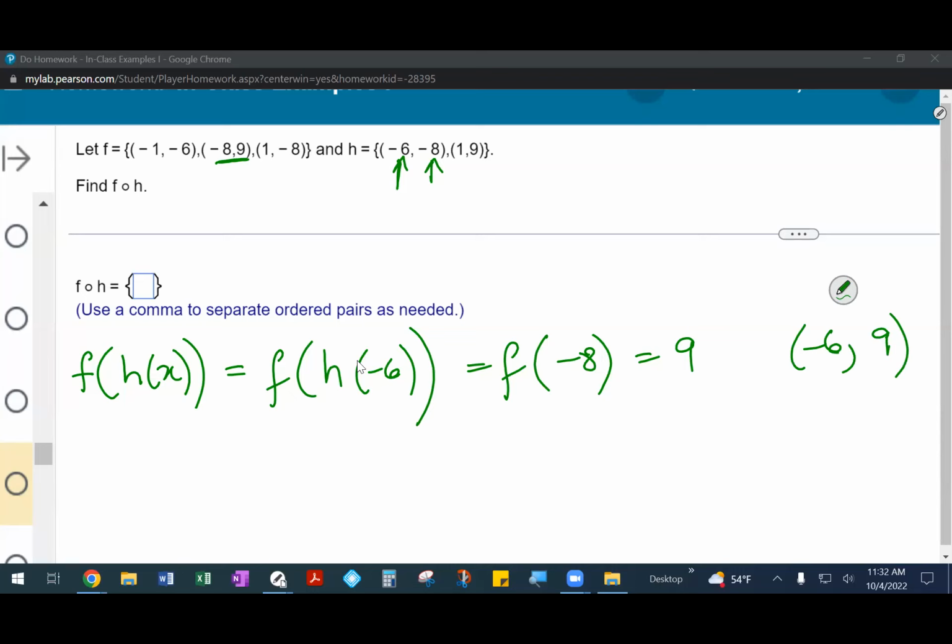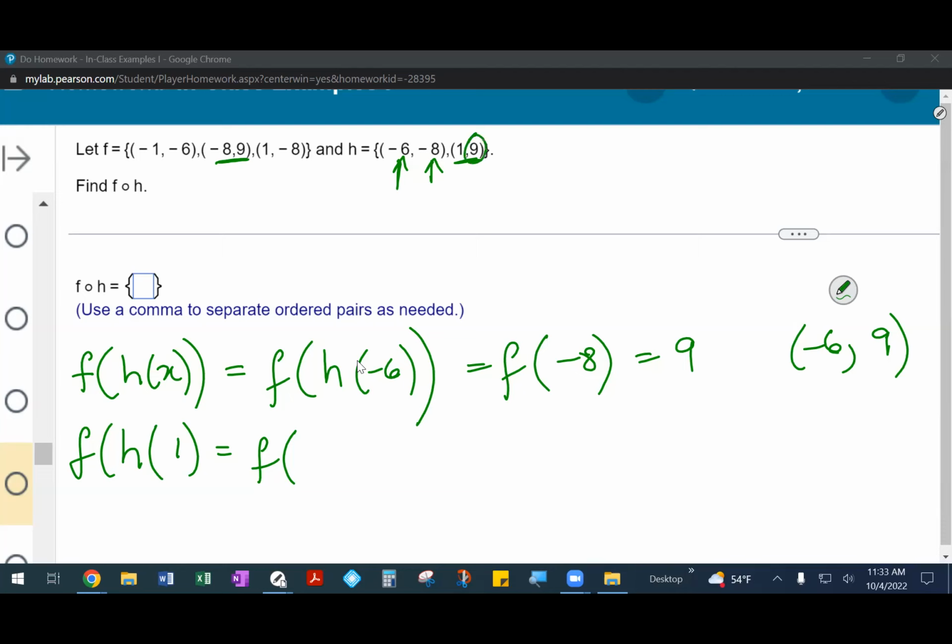Okay, repeat the same process. This time, we're going to put the second ordered pair in the h function. So that would be h of 1. And again, what will h of 1 give us? Not negative, right?